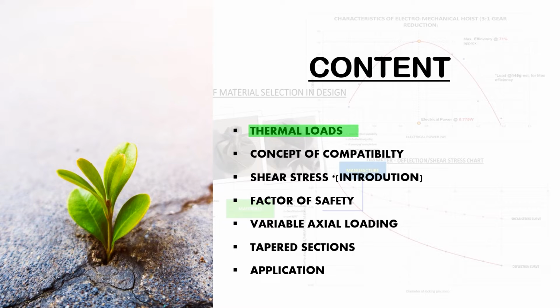We then looked at, in chapter 4, thermal loads, so how temperature changes can cause components to deform. And the last bit that we looked at following thermal loads regarded the concept of compatibility. If we had a situation whereby there is some measure of indeterminacy, how do we go about solving such a problem?